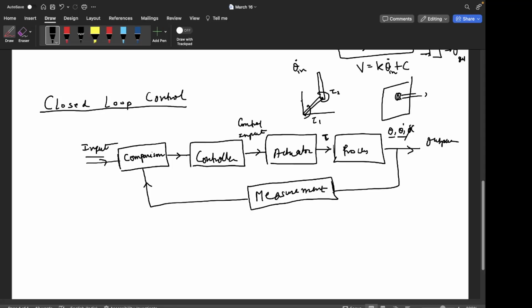So for these systems, what's the typical equation, right? Tau is equal to M, the mass matrix, times the acceleration, plus the Coriolis and centrifugal terms, and the gravity terms, right? So once you know this, then you can calculate these theta double dots, then you can integrate to get theta dot, then you again integrate to get position.